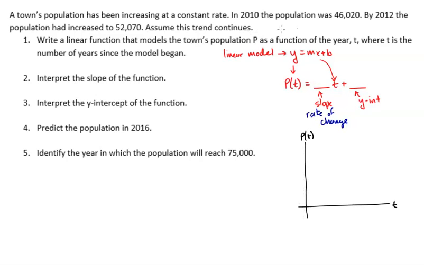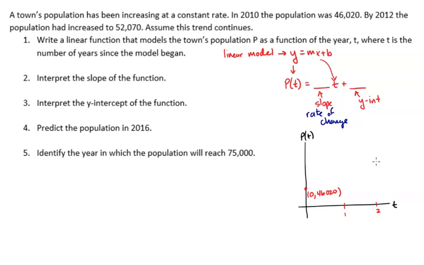And I know two data points here. I know at year 0, since t is the number of years since the model began, we're going to assume that the model is beginning in the year 2010. So at t equals 0, our population is 46,020. I'm going to get rid of that comma just so it's easier to read. Let's say that's year 0, and this is year 1.